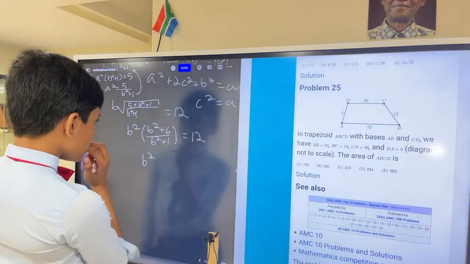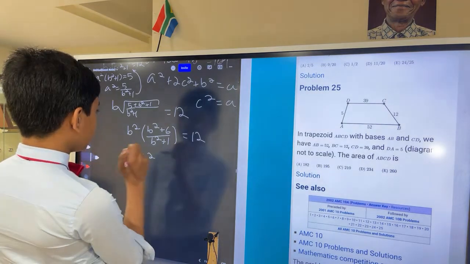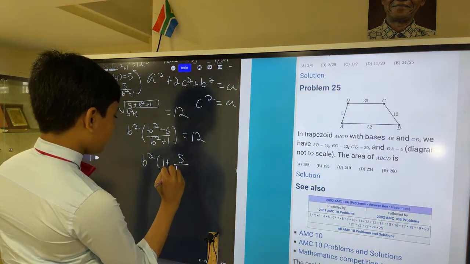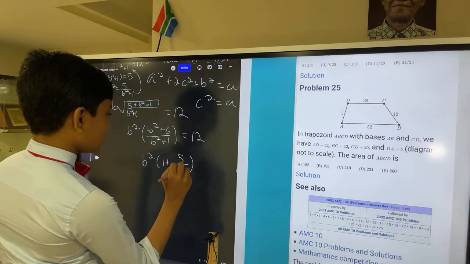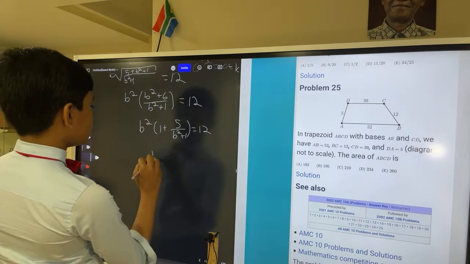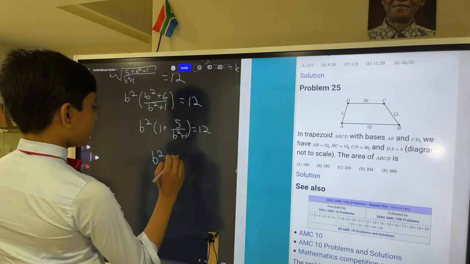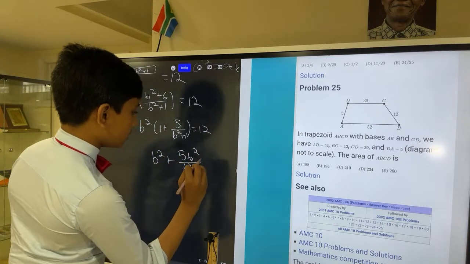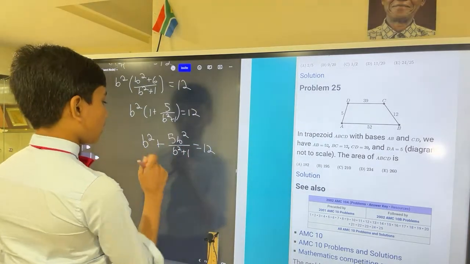This is a fascinating problem. 1 plus 5b squared over b squared plus 1 is 12.